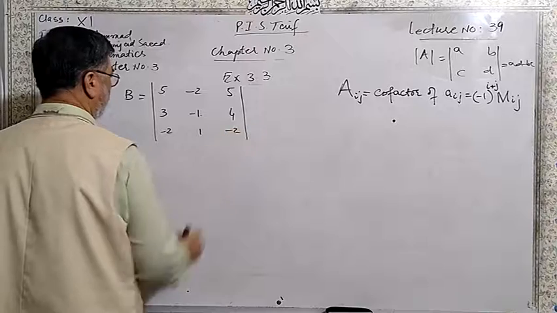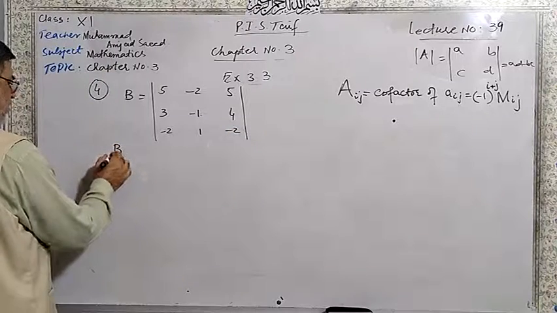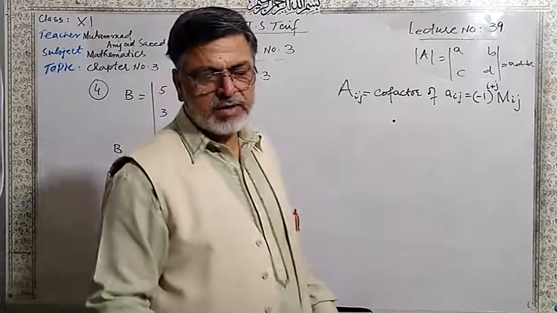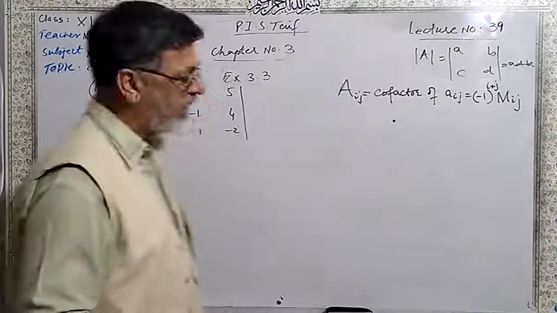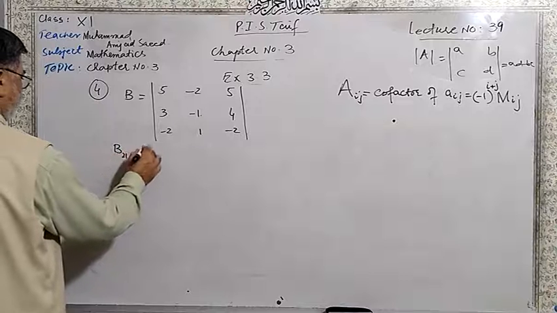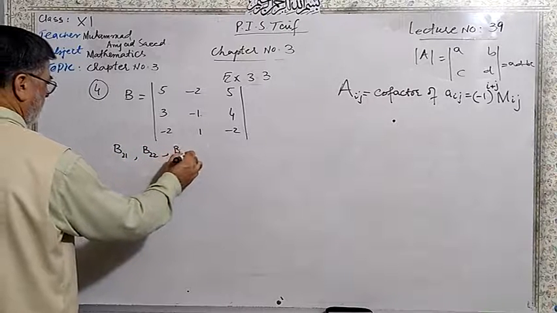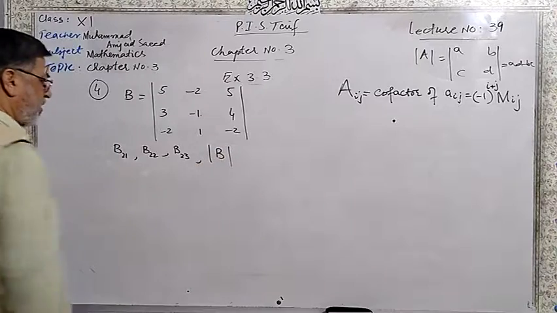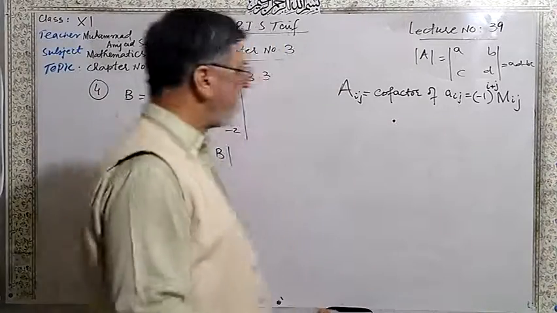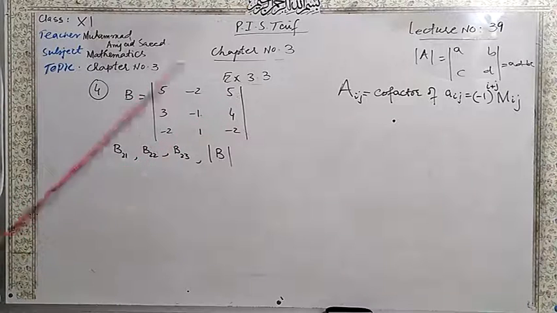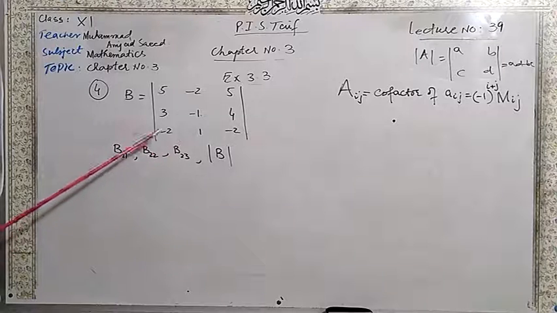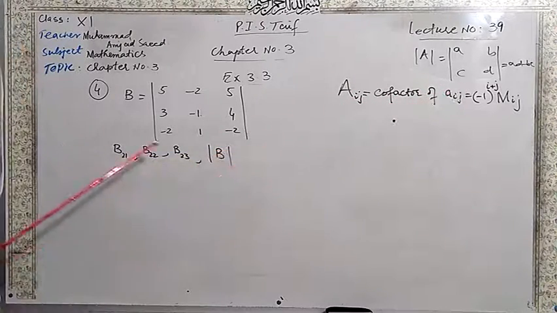We have to find B21, B22, B23 and B determinant. B determinant means solution of the determinant of B. And this B21, B22, B23 mean cofactors of B21, B22, B23. This formula will be applied here for finding B21, B22, B23.